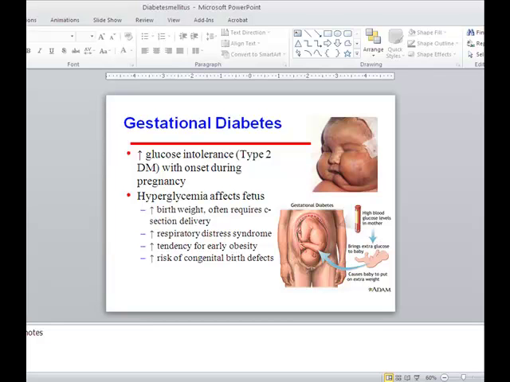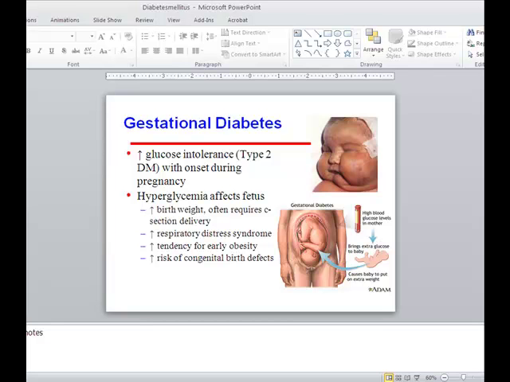So they have some predisposing factors also. For example, some of these women have increased glucose intolerance. To begin with, they're not strictly diabetics initially, but then it starts to manifest at the time of pregnancy when all of a sudden they gain a lot of weight.